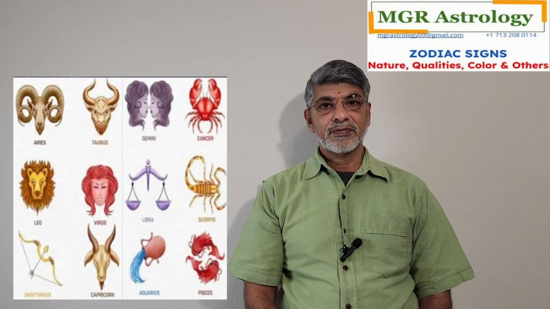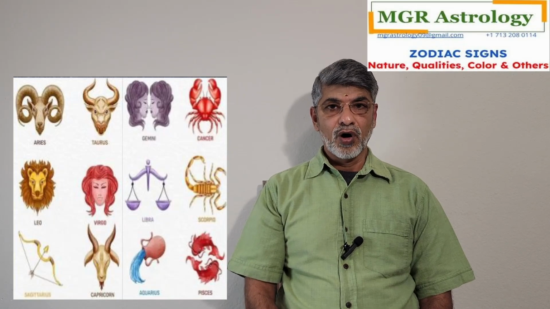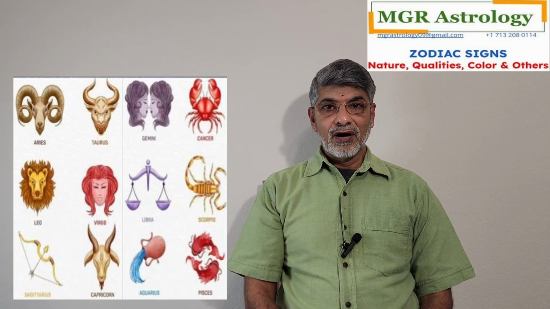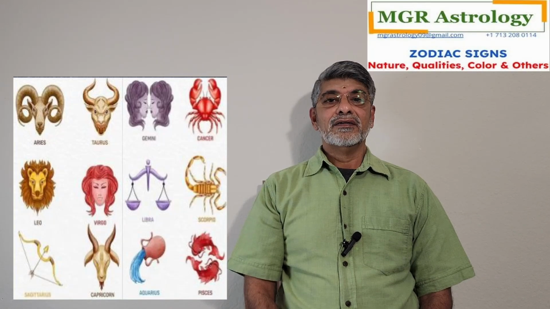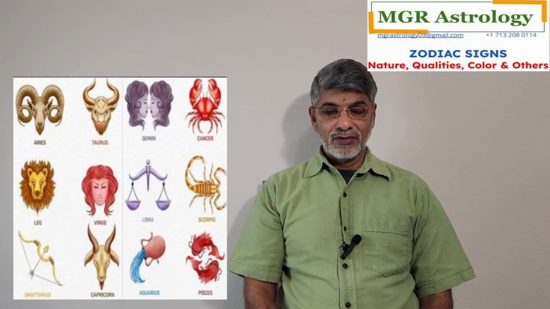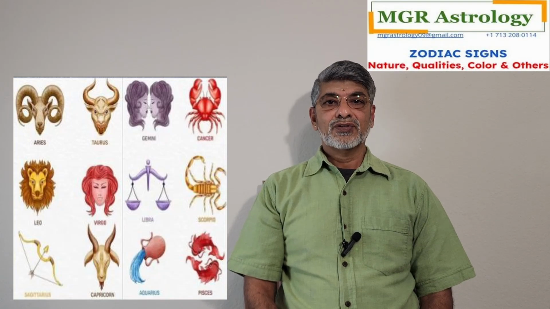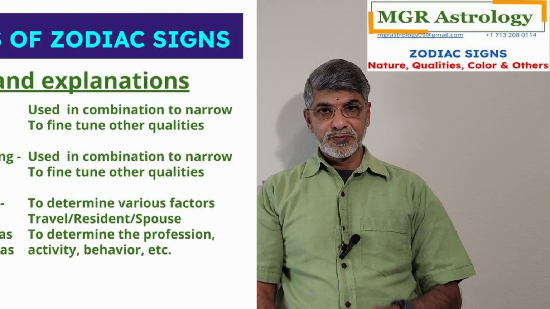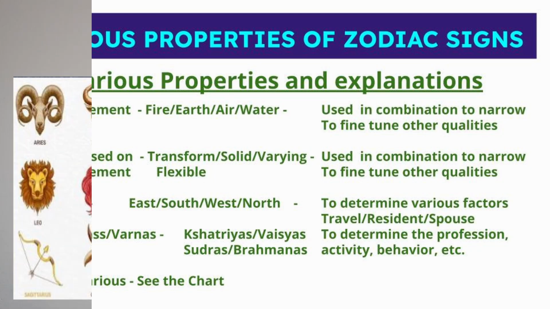Also, we have a concept called Panchabhutam, which is fire, water, land or earth, air, and space or ether. Out of which space is everywhere. So, apart from space or ether, the other four of the Panchabhutas are allocated to rasis also.